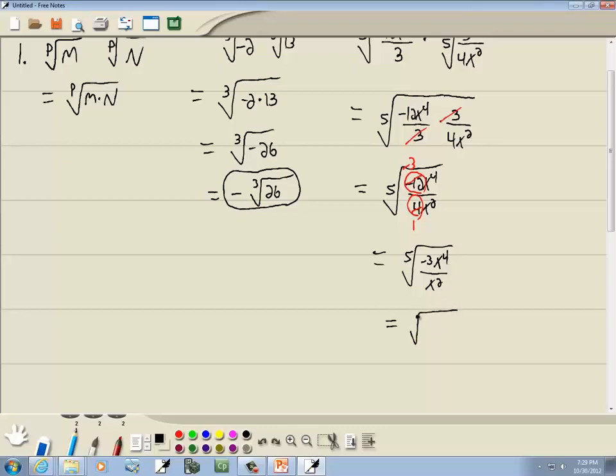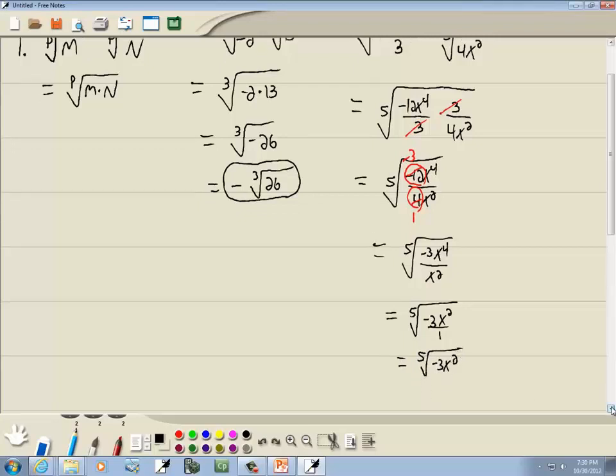When I say larger, I'm talking about the exponent. So we got negative 3 x squared over 1. Which gives us the fifth root of negative 3x squared.